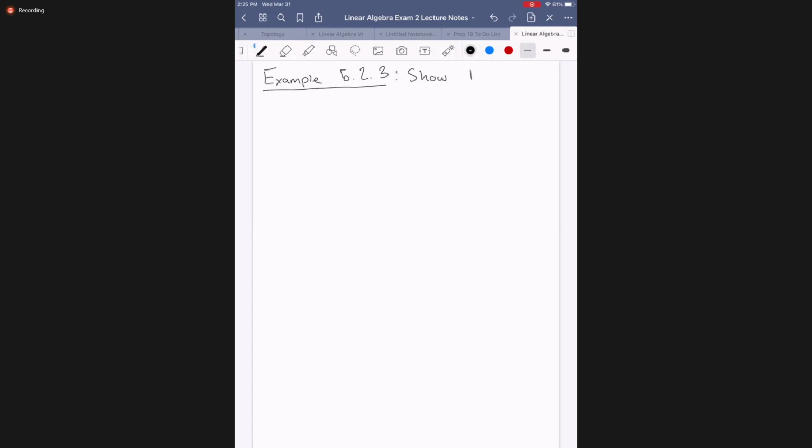Show that this is an inner product in the vector space C of continuous functions on the interval a to b with your standard operations on the functions over, say, R. So we have to now show that this thing is an inner product.